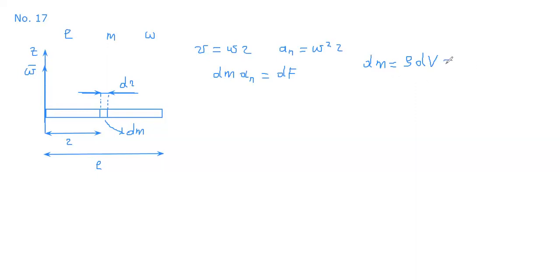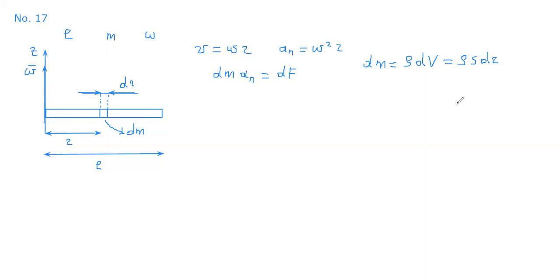And this volume is equal to the square of the cross section of the rod, multiplied by its length dr.